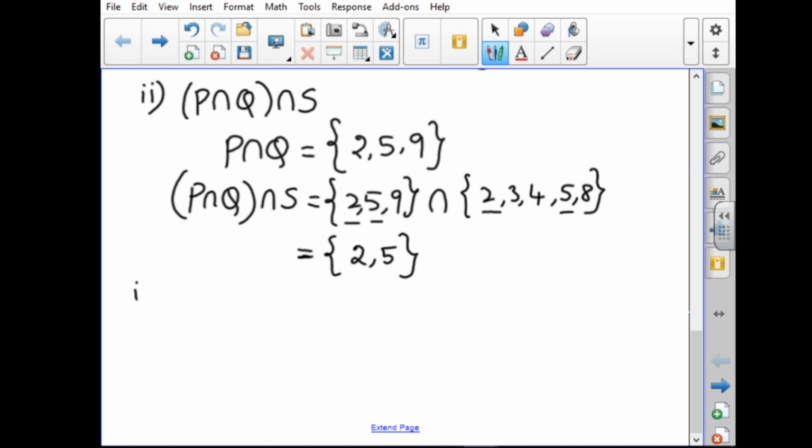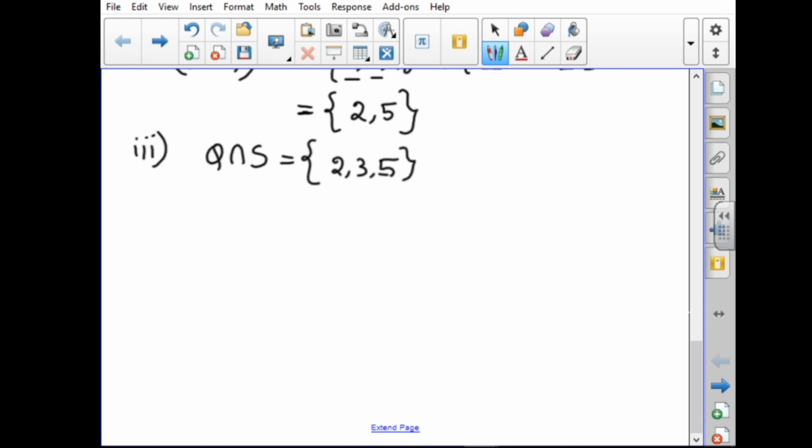Then the third one, Q intersection S. What are the common elements for Q and S? 2, 3, 5. Then we should find Q intersection S intersection R. Q intersection S value is {2, 3, 5}.